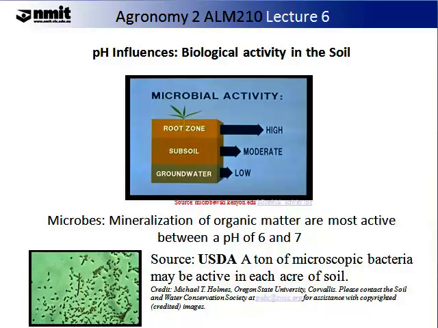Microbial activity is highest in the root zone, reducing as you go lower. pH can influence microbial activity. Microbes that mineralize organic matter are most active between the ranges pH 6 to pH 7. The USDA showed that a ton of microscopic bacteria may be active in each acre of soil.